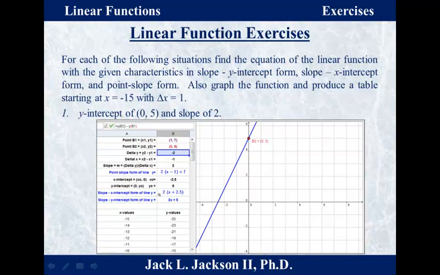So the x-intercept version of the line with the slope is y equals m parentheses x minus the root, the x-coordinate of the x-intercept. So it's y equals 2 parentheses x plus 2.5. x minus a negative 2.5 if you want to write it that way, same thing. And here's the start of our table. Negative 15 matches up to negative 25, and when we add 1 to x, then the y's are going to go up 2 because the slope is 2.